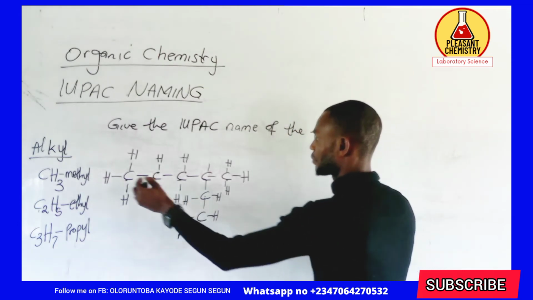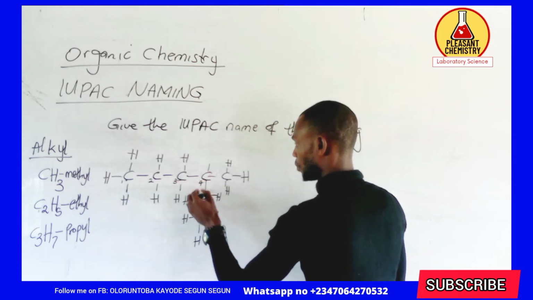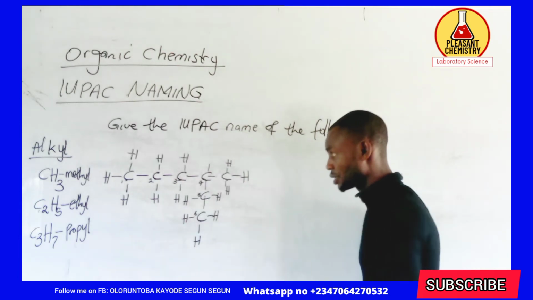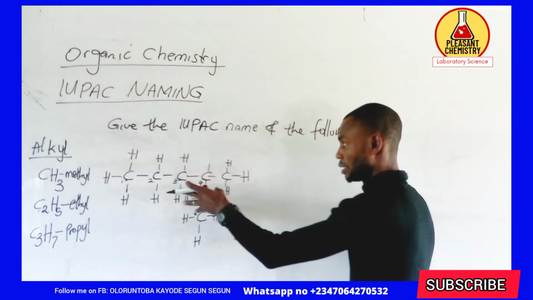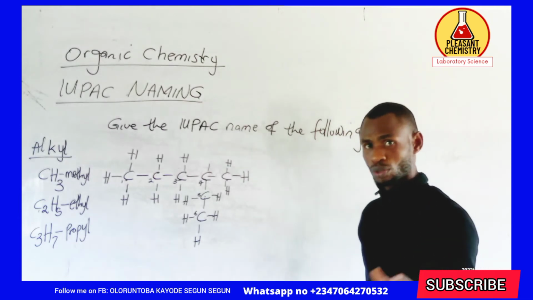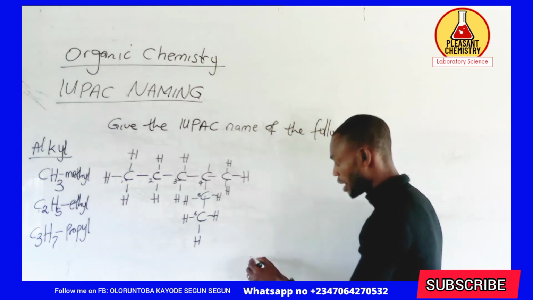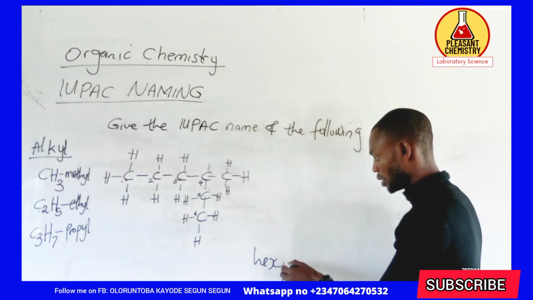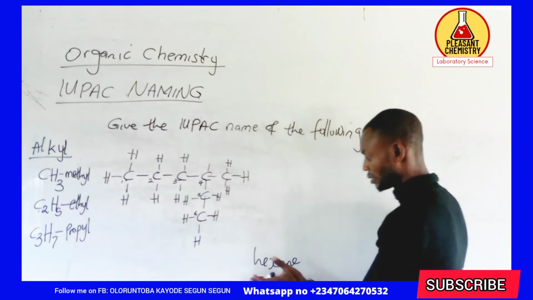It means that the longest carbon chain in this compound is 6. And if you check very well, the bonds that join the carbons together are single bonds, which means that this is the alkane family. And because we have 6 carbons, it is hex, but for the family of alkane, we call it hexane. So that is the parent name. The parent name of this compound is hexane.